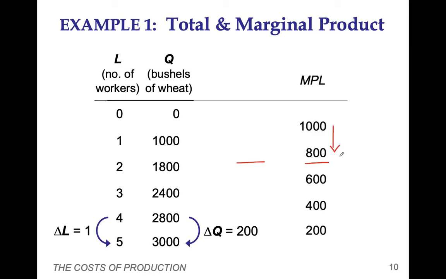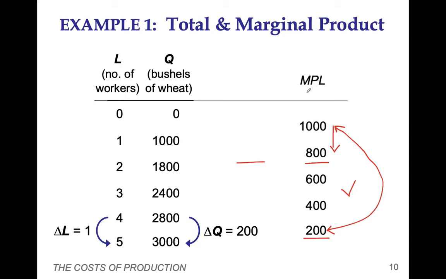You see worker number 5 could produce only 200 bushels of wheat. Worker number 5 has a productivity lower than the productivity of worker number 1.